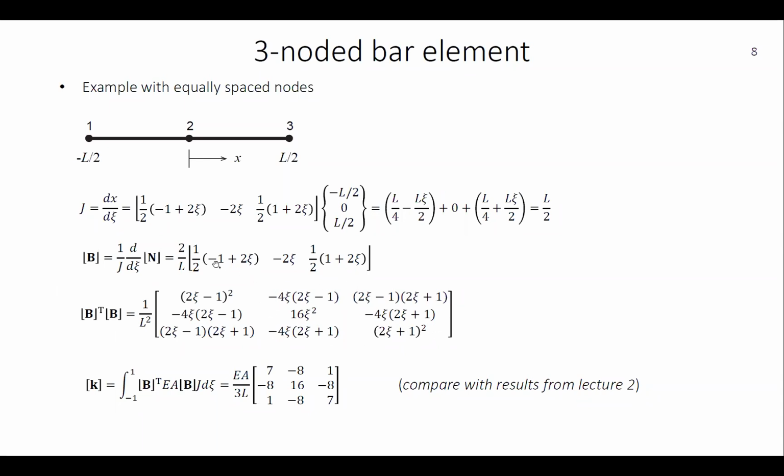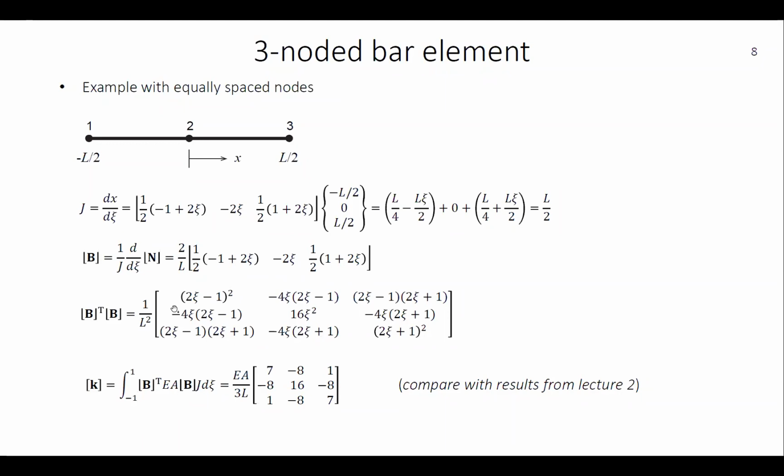Not going through, it's just simple mathematics to multiply each component there. So we can break out 1 over L squared and end up with this expression. And E and A are constant values. We can put those outside of the integral. And then we just evaluate this integral over the range from -1 to +1.